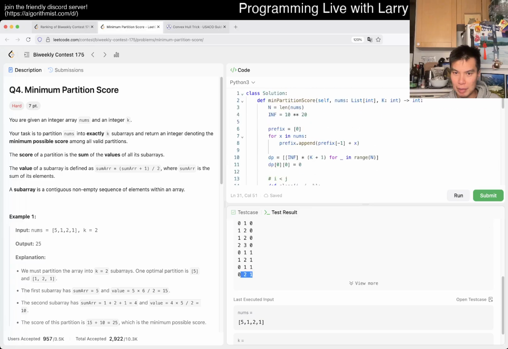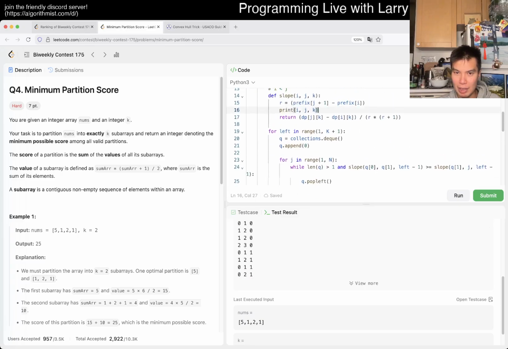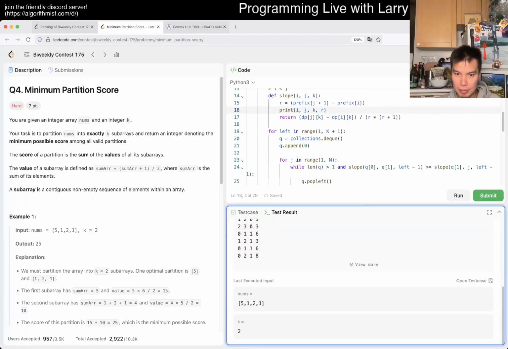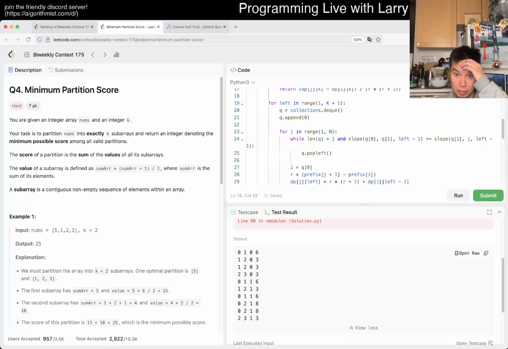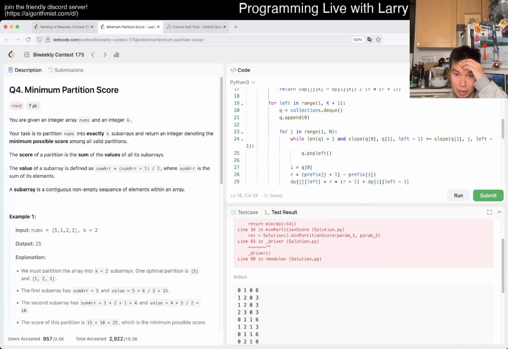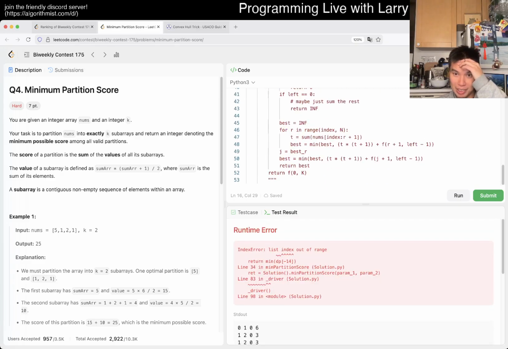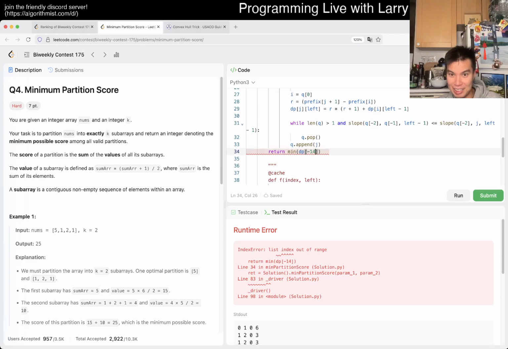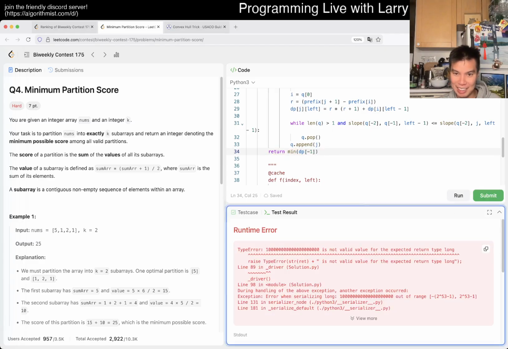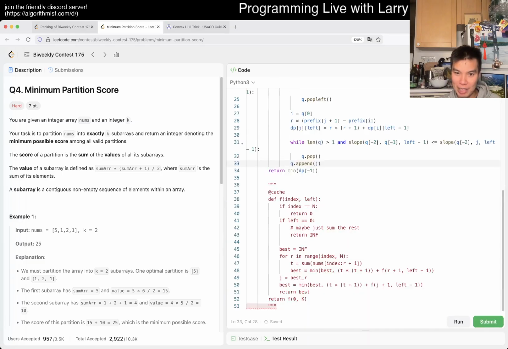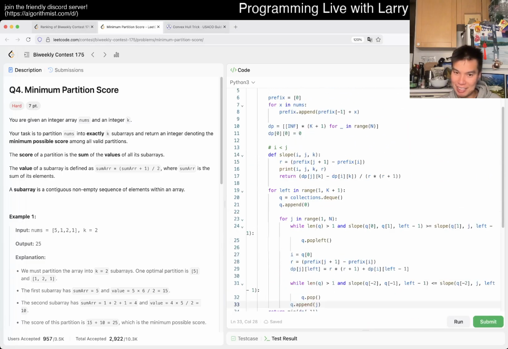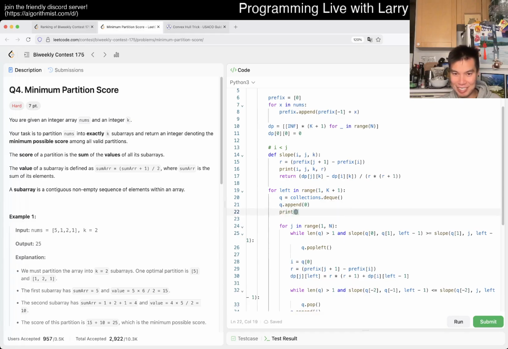So maybe I am. No, let's print it out. Why? How? No. Why do I have -14? Oh, well, that's definitely not intended either. All right, it's not great, but it hasn't failed, so that's good.